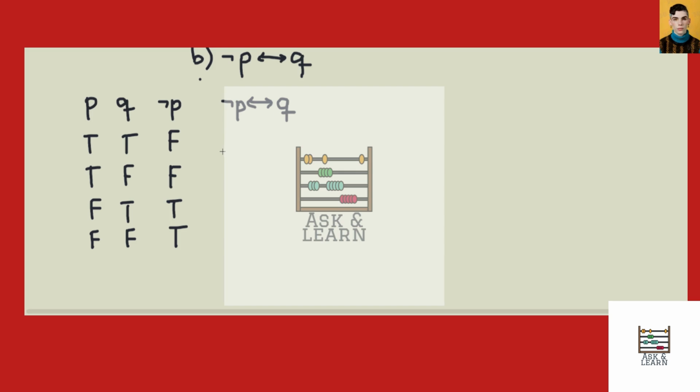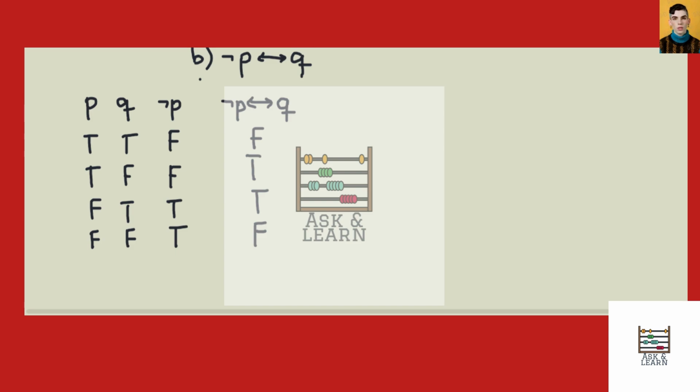Therefore, we're going to look at the third column and the second column. So these differ, so this will be false. These both are false, so this will be true. These both are true, so this will be true as well. And these both differ, so this will be false. So this will be the truth table for B.